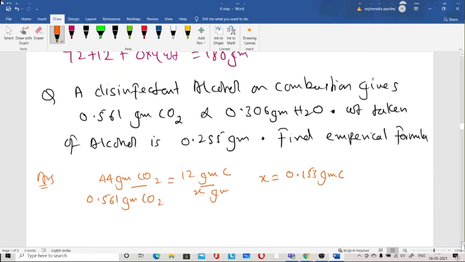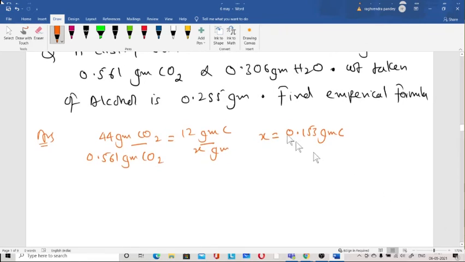Then this is your water, 0.306. I told you about water also: 18 gram of water is equal to 2 gram of hydrogen. Then how much is it? 0.306, or you can just take it 0.3, so that will become y gram of hydrogen.